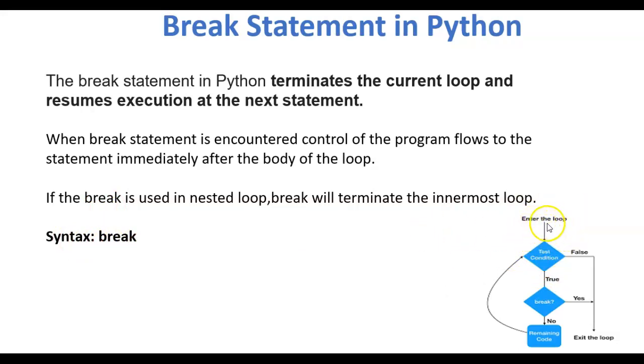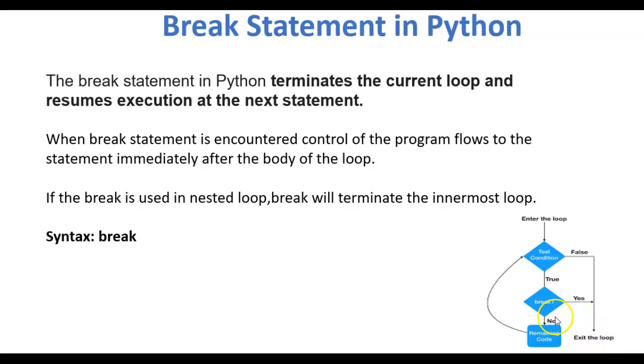First a condition is tested, and if it is true, it goes to the next step. If there is a break statement, it comes out of the loop and executes the remaining statements outside the loop.